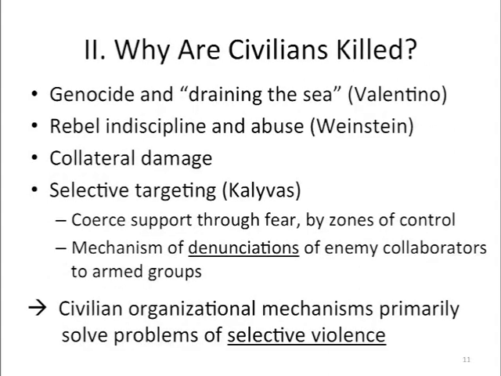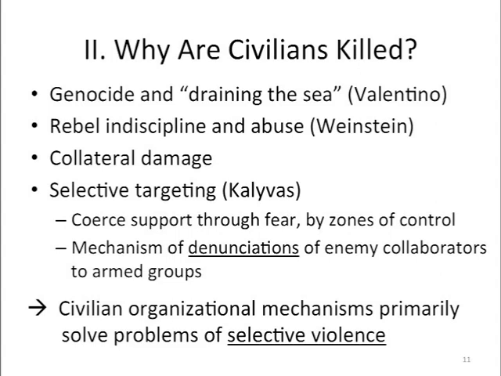Now let's get into the second section, and this is just going to be a quick section reviewing why civilians are killed in conflict. And these reasons, again, are going to help us understand when civilian strategies might be helpful for dealing with these causes of violence. I'm just going to go over 4 of the main ones here. Perhaps the most frightening one is genocide and draining of the sea.